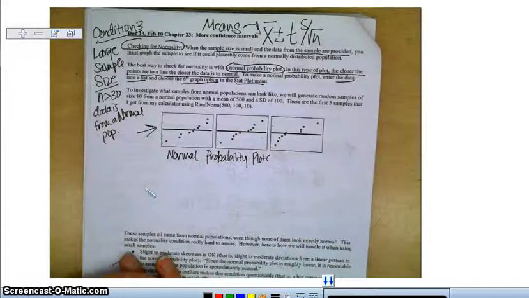So you have to be able to do all of this. All right, so normal probability plot. Do you think that's kind of linear? Yeah, okay, so I would say this is linear. Yeah, I would say that's probably good. So what does that mean about that graph? Is that approximately normal or not? Yeah.